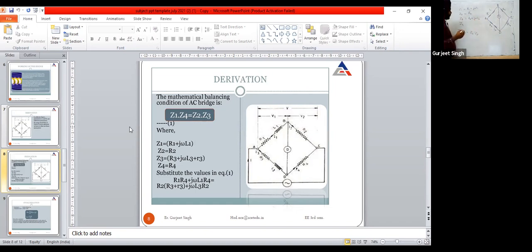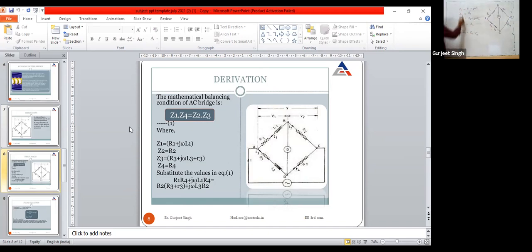We are having R3, the resistance, and L3 in series again, that is J omega L3. Z4 consists of only the resistance part, that is R4. So these are the four impedances of this bridge that we have shown.